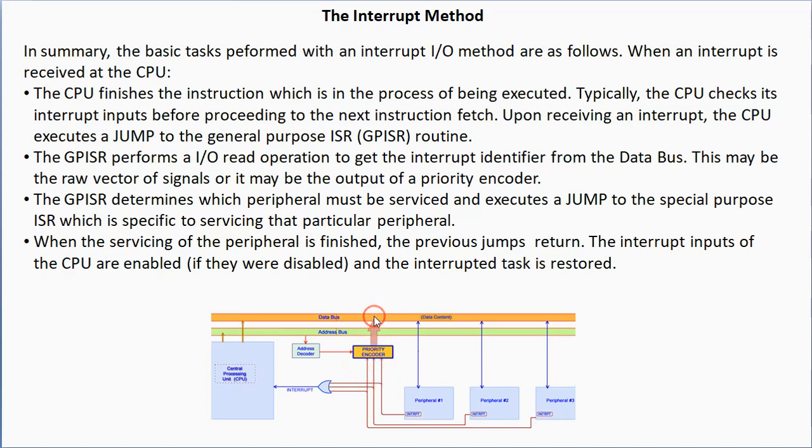The general service routine determines which peripheral must be serviced and executes a jump to a special purpose interrupt service routine, which is specific to servicing that particular peripheral. When the servicing of the peripheral is finished, the previous jumps return, the interrupt inputs of the CPU are enabled if they were disabled, and the interrupted task is restored.